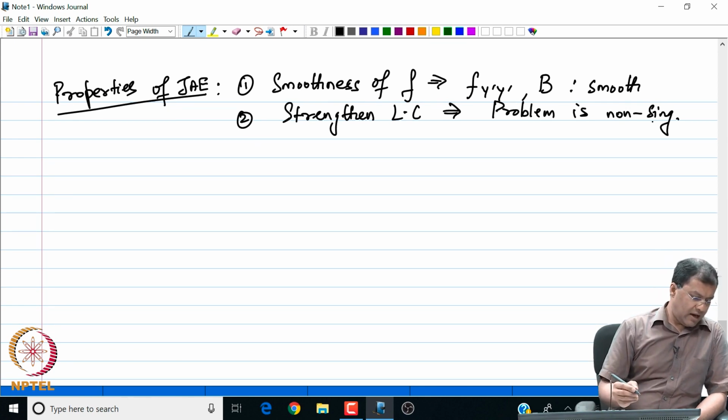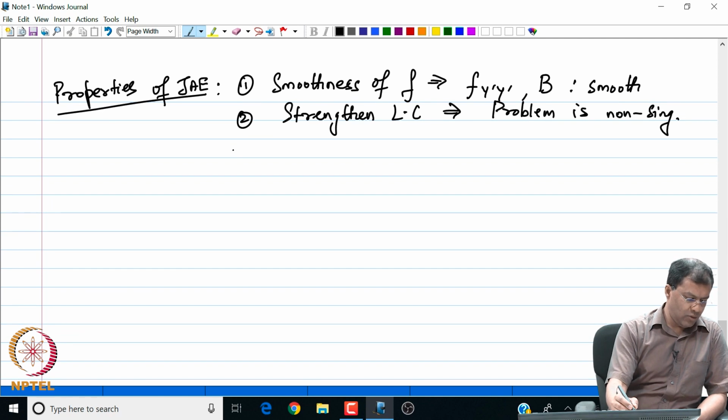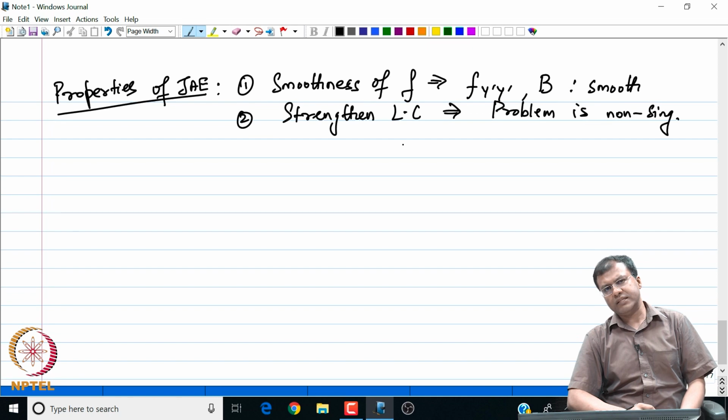And suppose we are given an initial condition to this equation, then the continuity of the function f will guarantee via Picard's theorem that there is a unique solution in a neighborhood around that initial point.